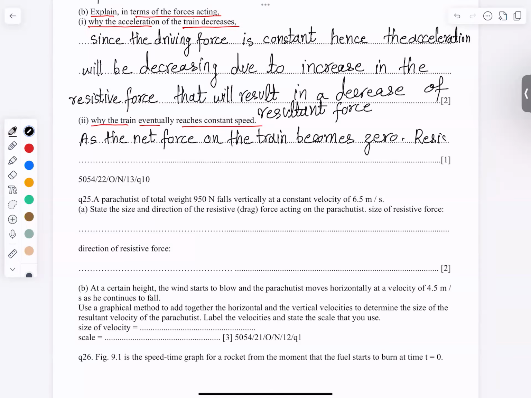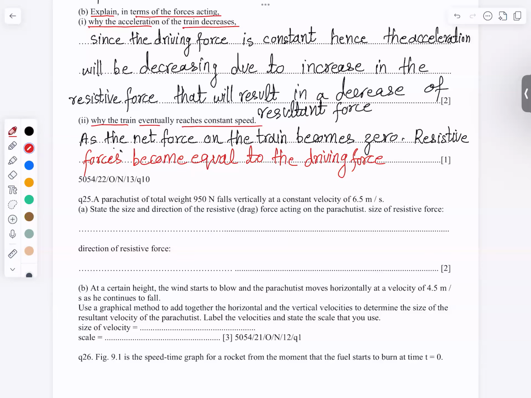Resistive forces, which consist of friction and air resistance, resistive forces become equal to the driving force from the motor.